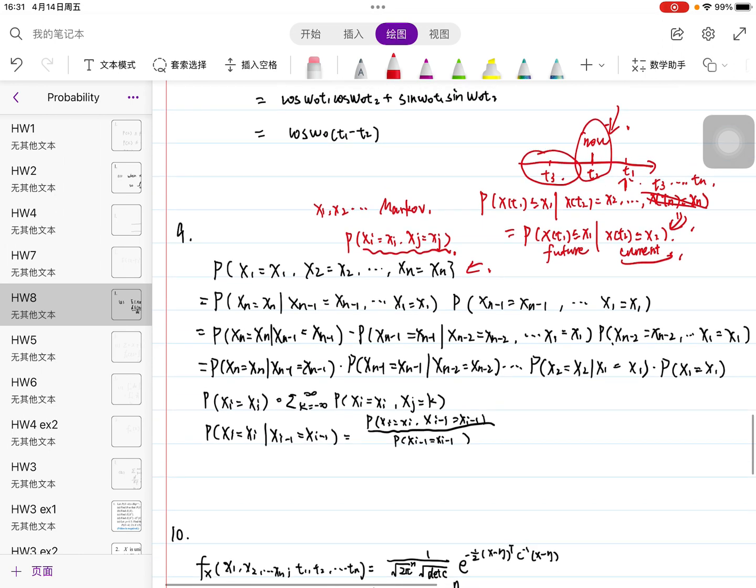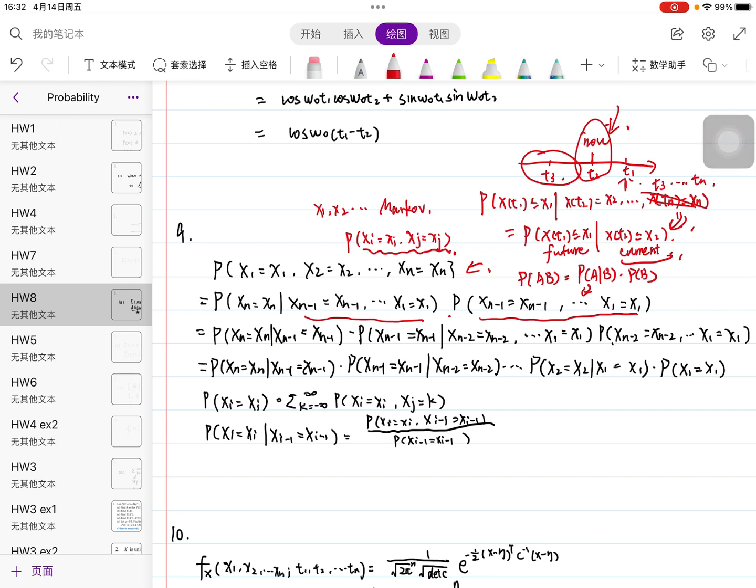So that is equals to the probability of xn equals to xn under the condition that this, times this probability, right? That is P(AB) equals to P(A|B) times P(B). That is conditional probability.